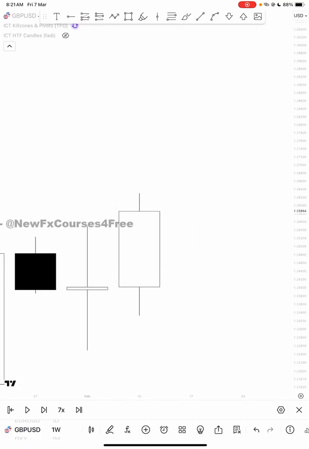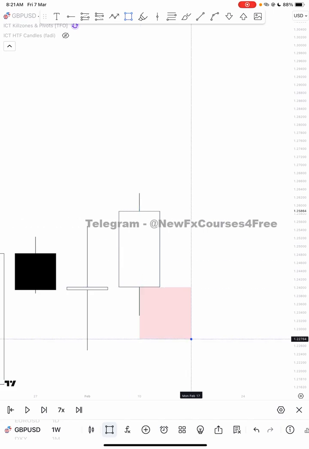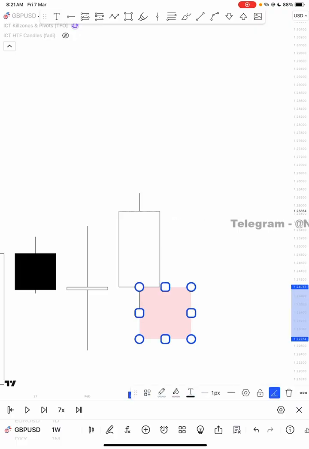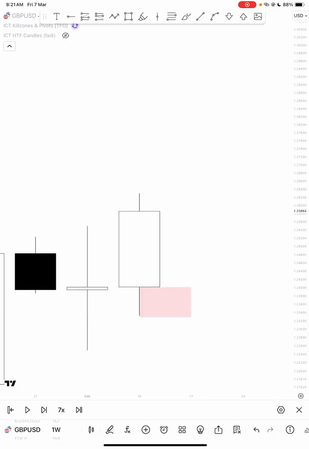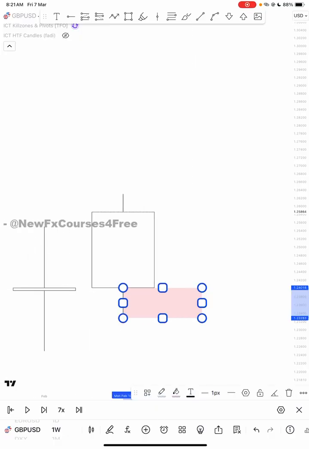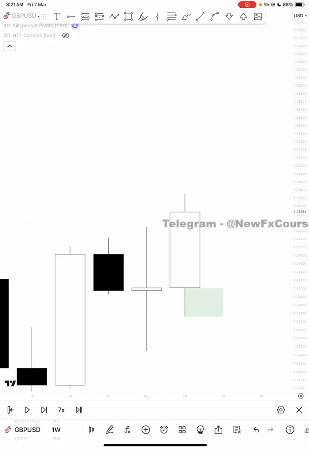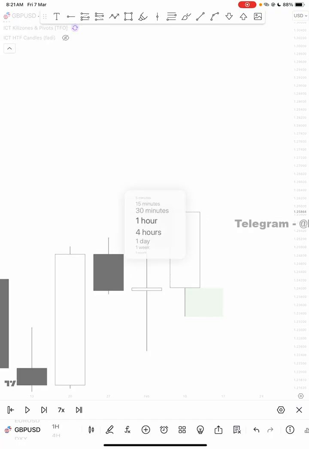So here we have to buy below the weekly's open low. Here weekly is open low. So here you got your buy zones over here. So let's go to the lower time frame.